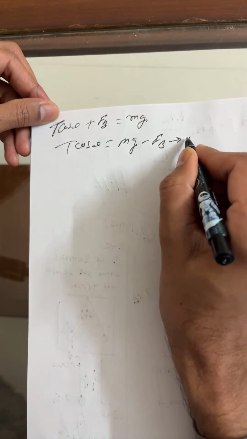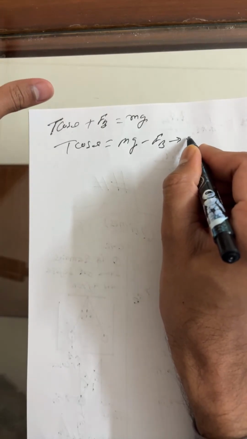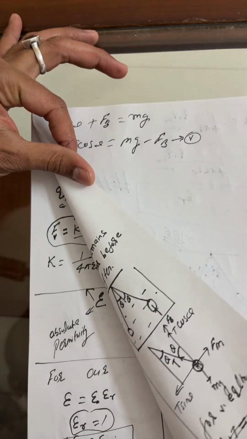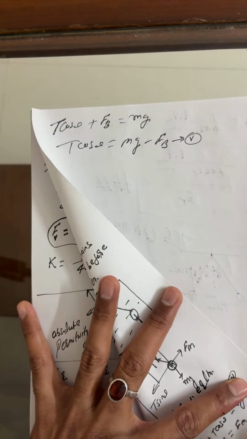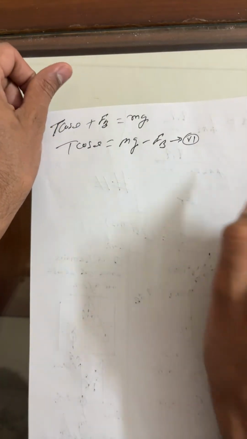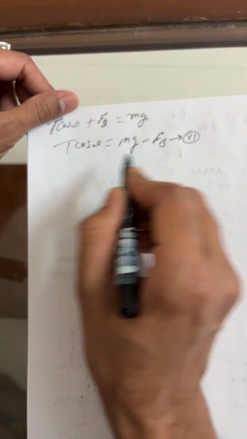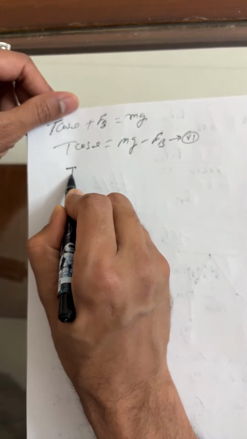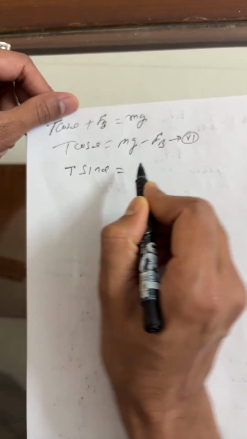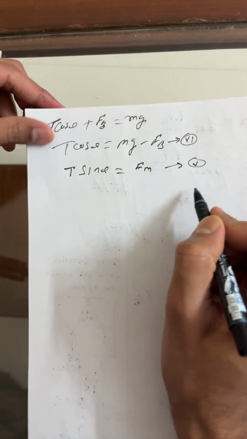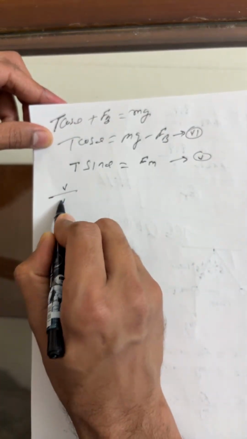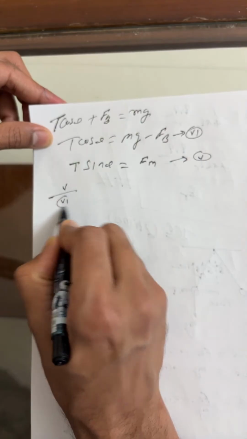This is equation number four, this is five, and this is six. You know equation number five is T sin theta, which equals Fm. Just equate these two equations: divide five by six.